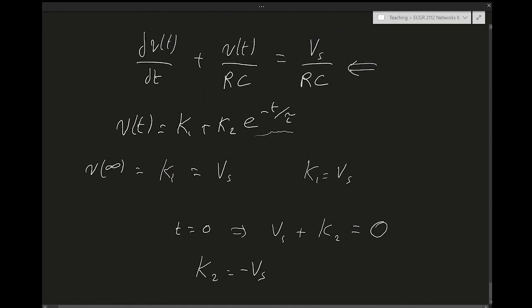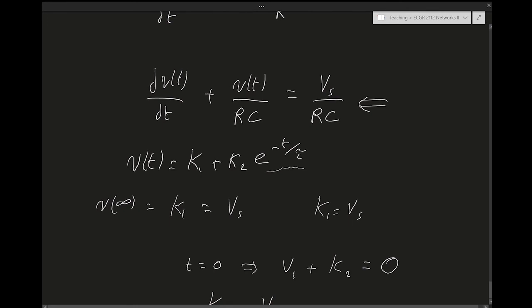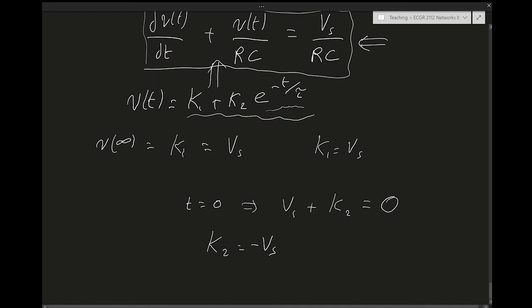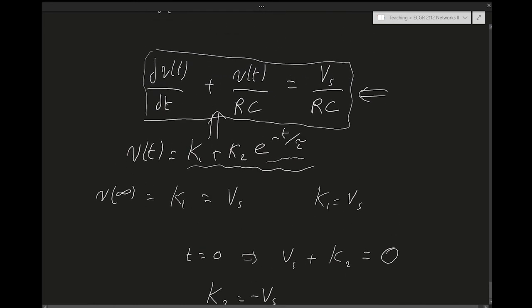What about tau? Well, to find tau, what we could do is take this general solution and plug it back into the differential equation. We know that the general solution will have this form. When I plug it back, I end up with dV by dt. I end up with K2 e to the minus t over tau times minus 1 over tau.